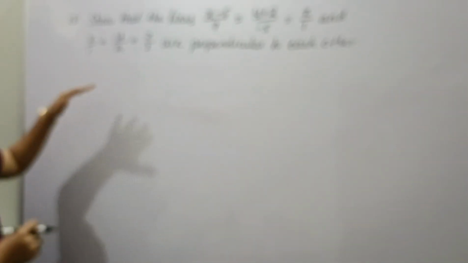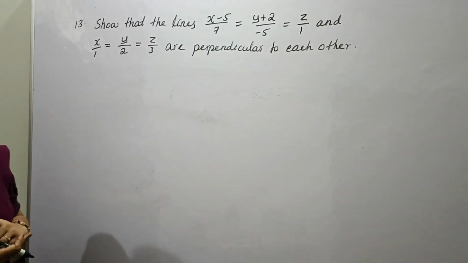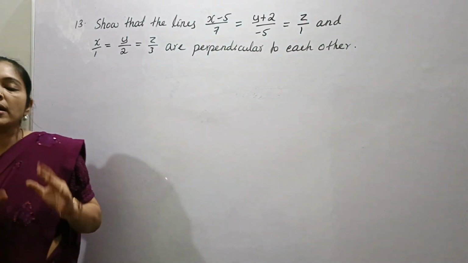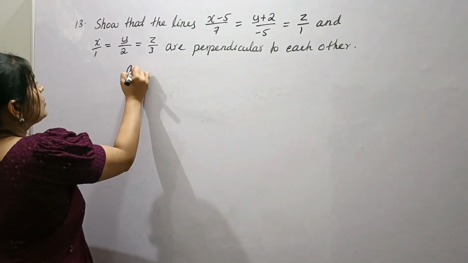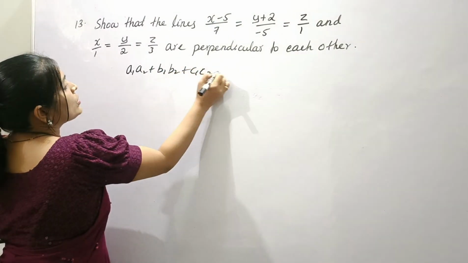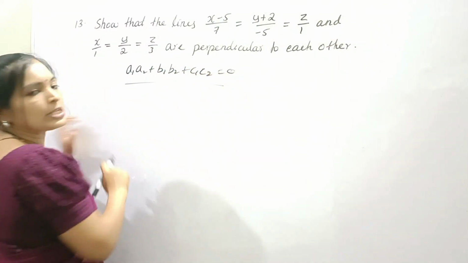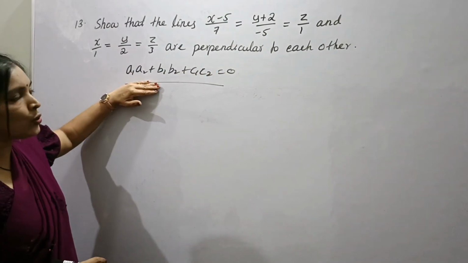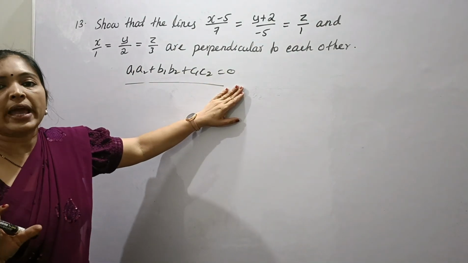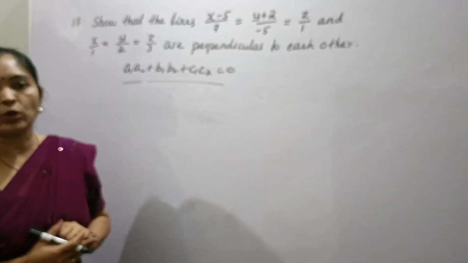So let's write the direction ratios of the lines, because we know that if two lines are perpendicular, then a1 a2 plus b1 b2 plus c1 c2 is equal to 0. We have to prove this one. If we prove a1 a2 plus b1 b2 plus c1 c2 is equal to 0, then we can say that the given lines are perpendicular to each other.